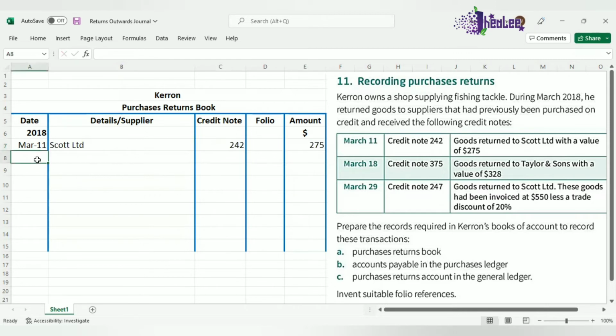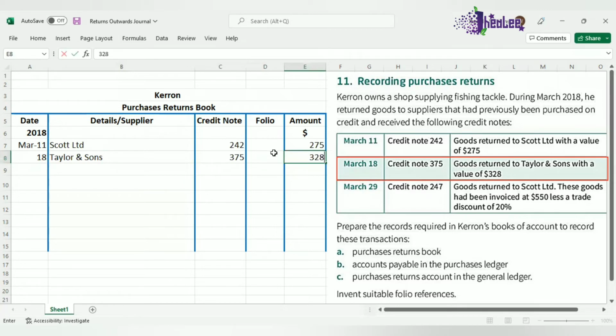We'll move into the other transaction, and this is March 18th, and that read, credit note 375, goods returned to Taylor and Sons with a value of $328. Our date is March 18th. Our details is Taylor and Sons. Credit note number is 375 and the value is 328.